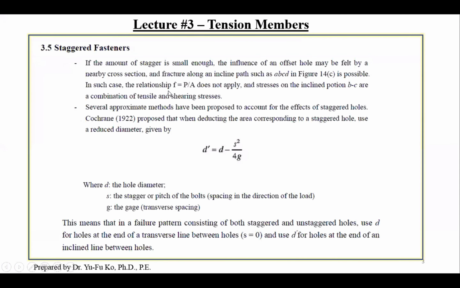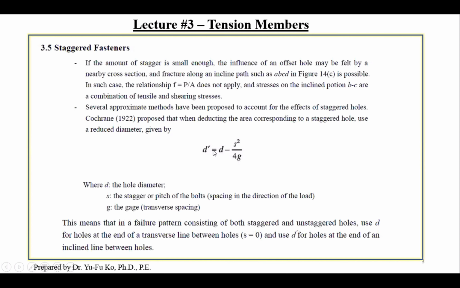design. So several approximate methods have been proposed to account for the stagger hole effect. Back in 1922, almost 100 years ago, Cochrane, a very smart guy, already proposed an idea to account for this. What he proposed is to deduct the area corresponding to a stagger hole using a reduced diameter.